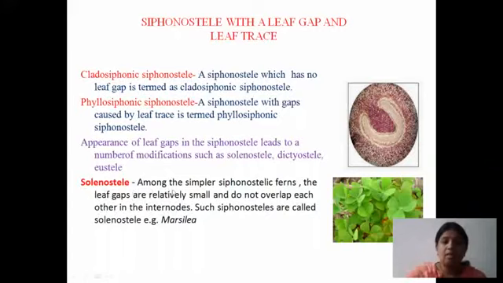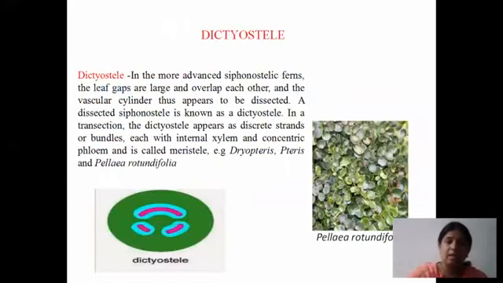Solenostele. Among the simpler siphonostelic ferns, the leaf gaps are relatively small and do not overlap each other in the internodes. Such siphonosteles are called solenostele. For example, Marsilea. Dictyostele. In the more advanced siphonostelic ferns, the leaf gaps are large and thus the stele appears to be dissected.